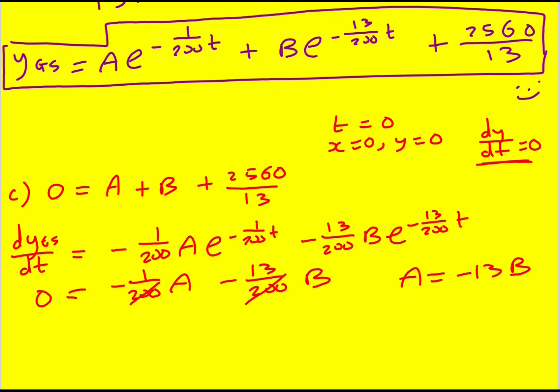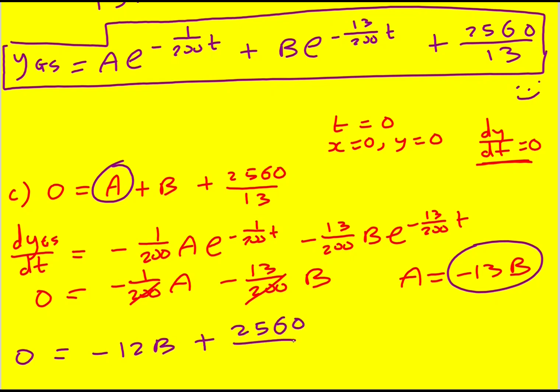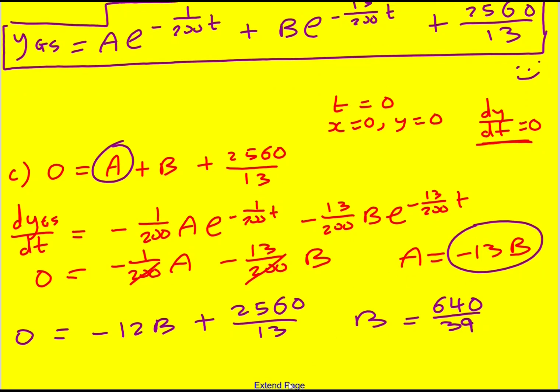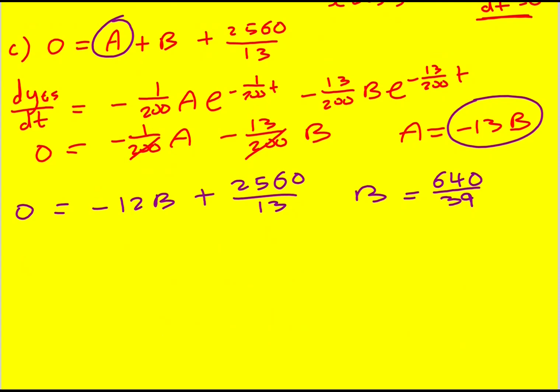Now let's sub this in for here. So that means 0 is going to equal minus 12b plus 2560 over 13. And b ends up equaling 640 over 39. Then we can also work out a from that.